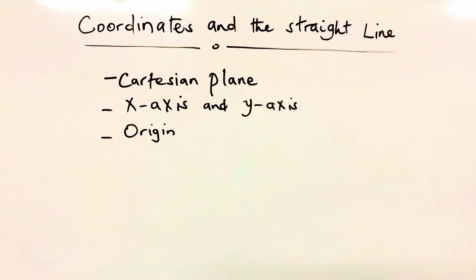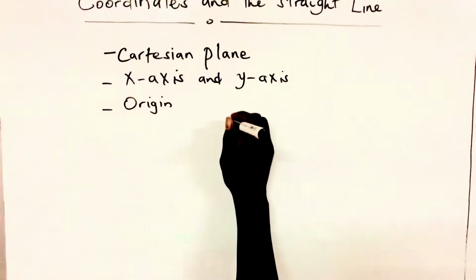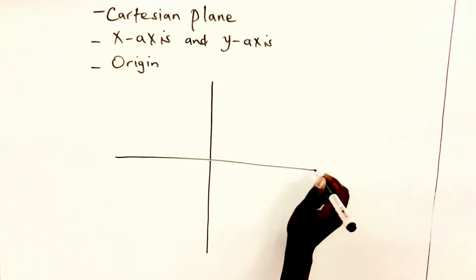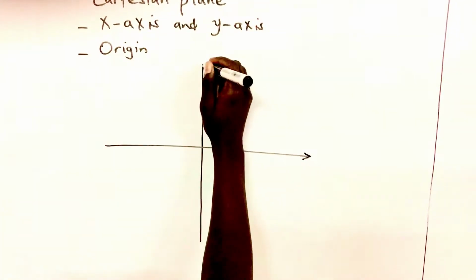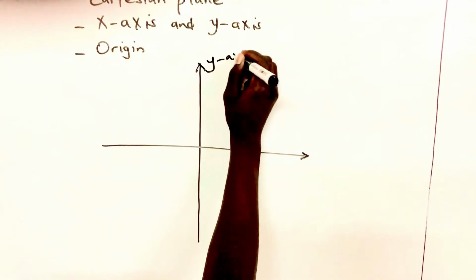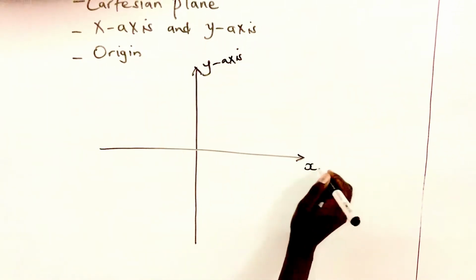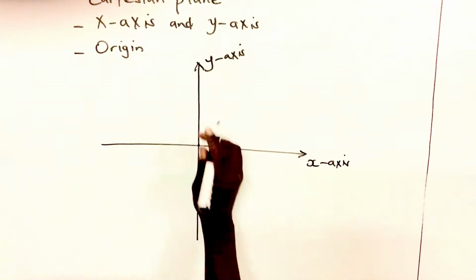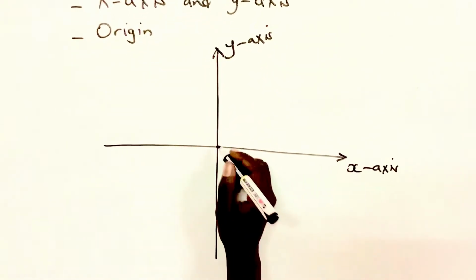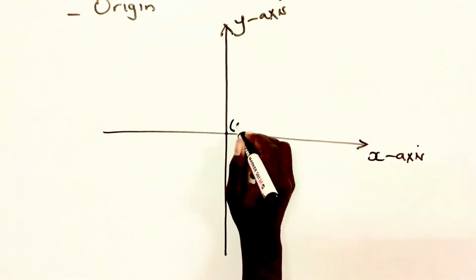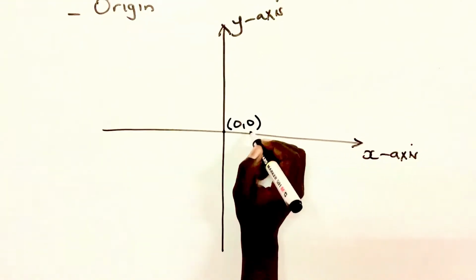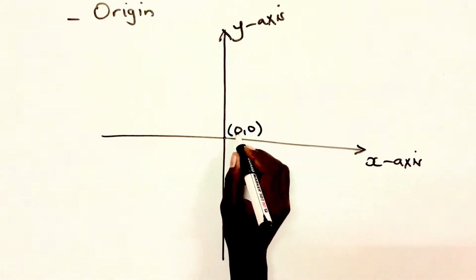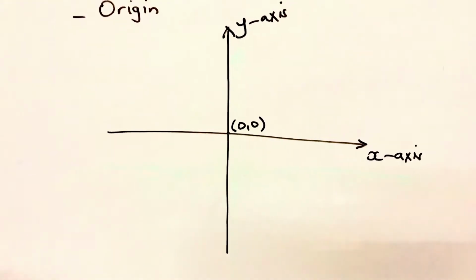To put it into illustration, if we have something like this, this becomes our y-axis, and this is our x-axis. This point where the y-axis and the x-axis meet becomes our center of origin, which is in most cases given the coordinates 0, 0, meaning 0 for x and 0 for y.